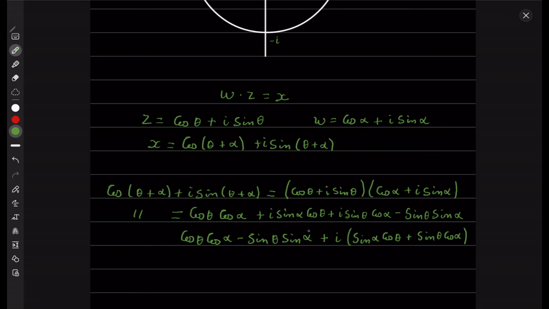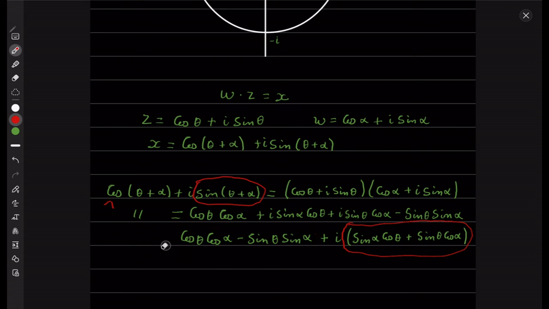So now remember, with this being the real term, it should be equal to the real term over here, and the imaginary part of this should also be equal to this imaginary part.